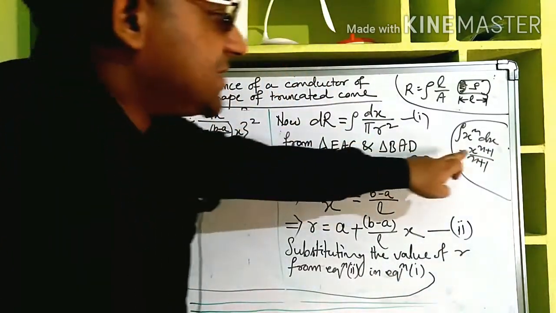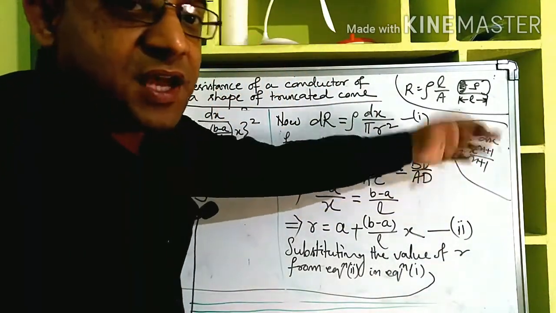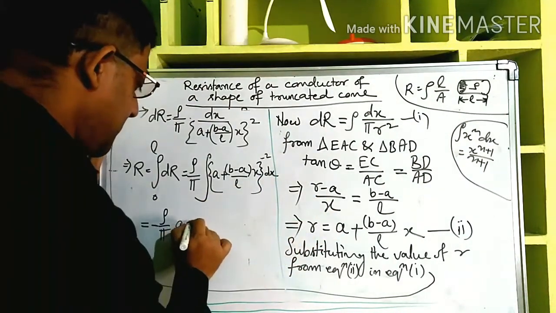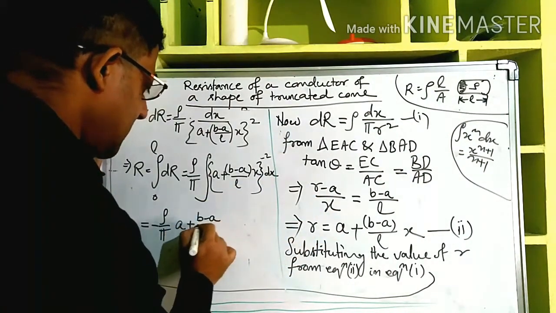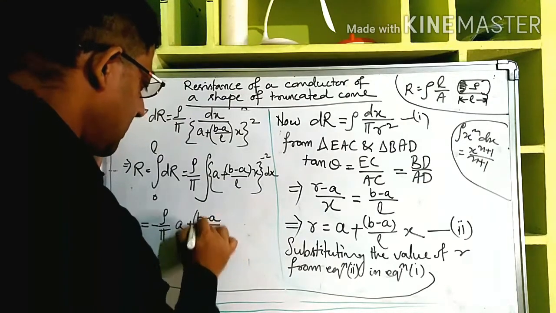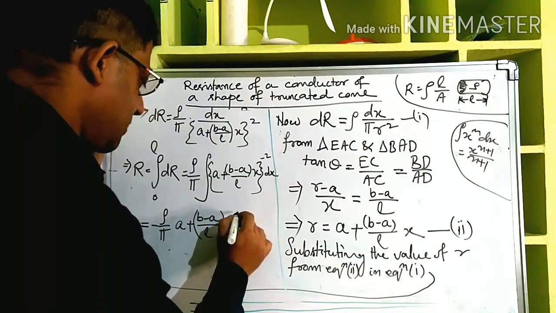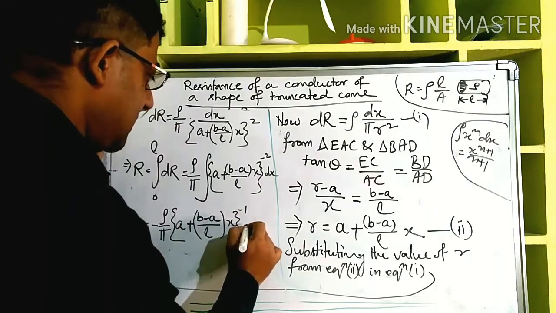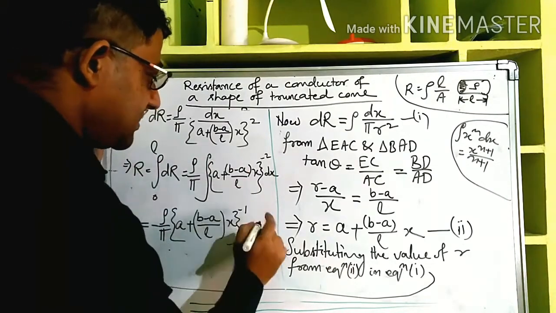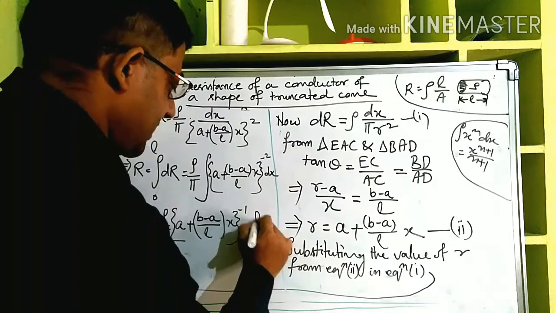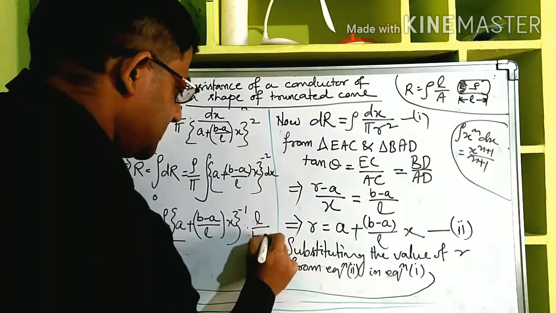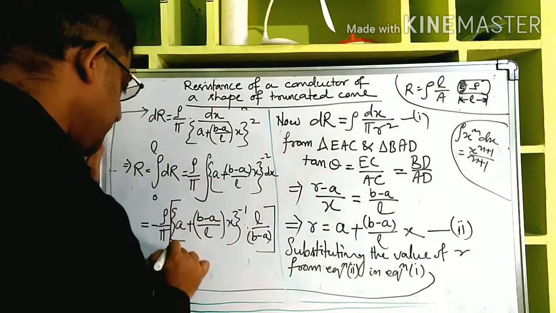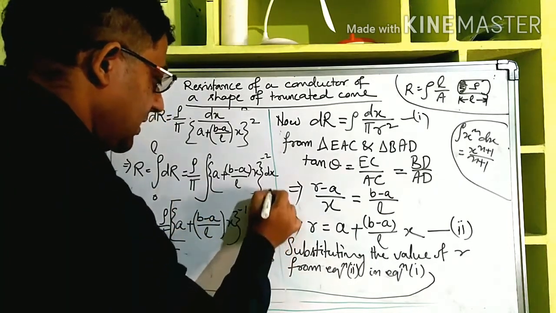But instead of x, if there is a function of x, we have to multiply by 1 by the coefficient of that variable. So A plus (B minus A) by L x to the power minus 1, into 1 by this much, that is L by B minus A, and this total is within the limit 0 to L.